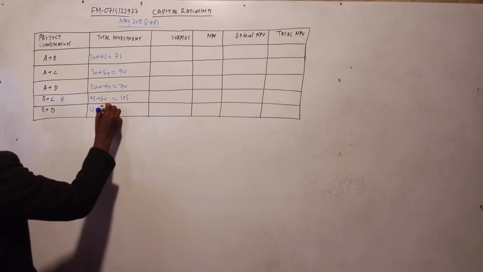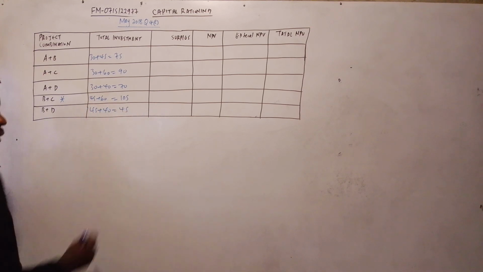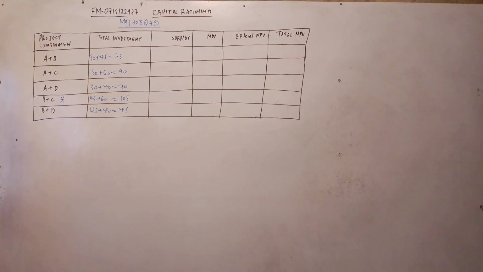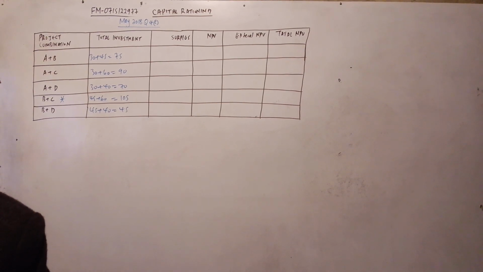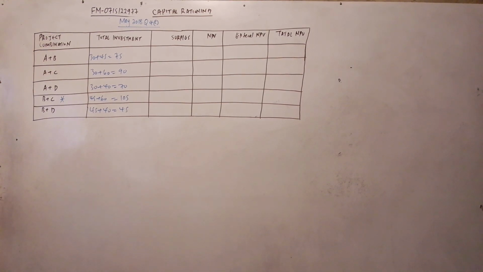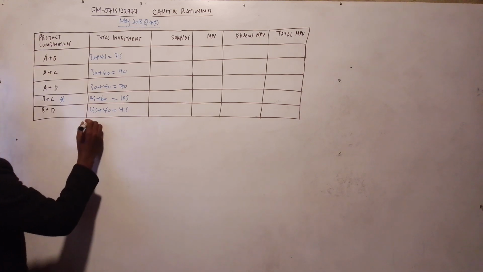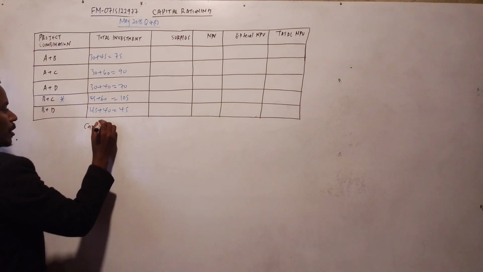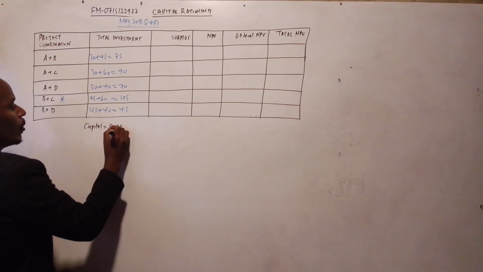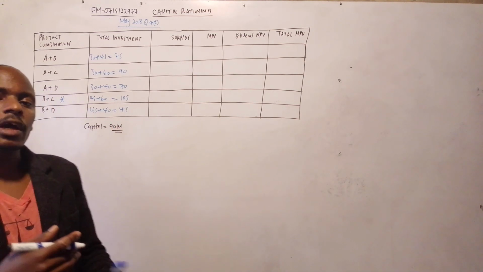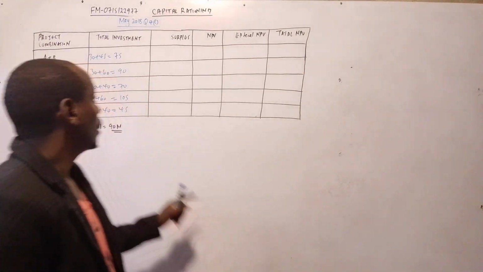Now let's go to information number 1. The total capital limitation is 90 million. So capital limitation, we cannot exceed 90 million. So we have only 90 million. Anything above 90 million, we cannot do it. So by default, we know this one cannot be undertaken.